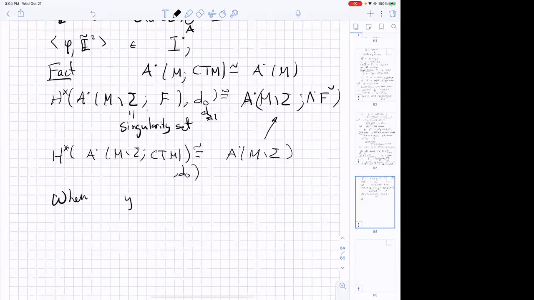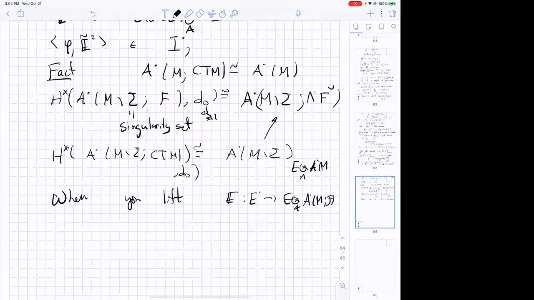When you lift E from E to E tensor AMF to E tensor AMCTM.